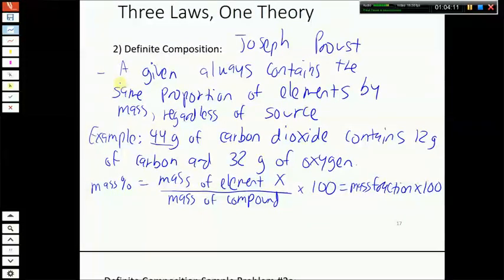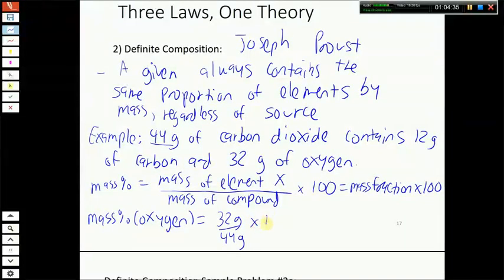So if we want to look at carbon dioxide, then the mass percent for oxygen, we just take the numbers that we have. So we have 32 grams of oxygen. We have 44 grams of carbon dioxide. So that's mass of element, 32 grams, divided by the mass of the compound, which is 44.